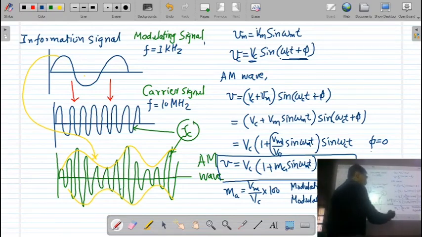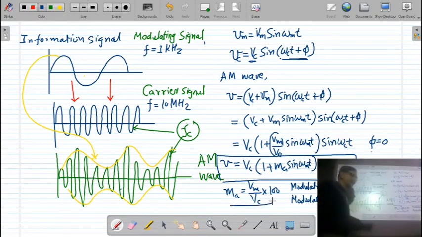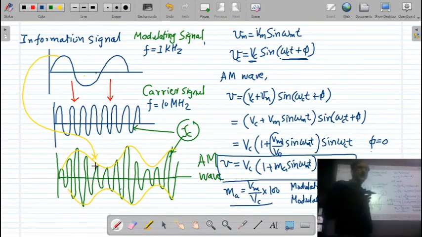Modulation index is very important in the process, because it indicates how much of your information signal is superposed on the carrier wave. This modulation index can be 20%, 30%, 50%, or it can be 100% also.